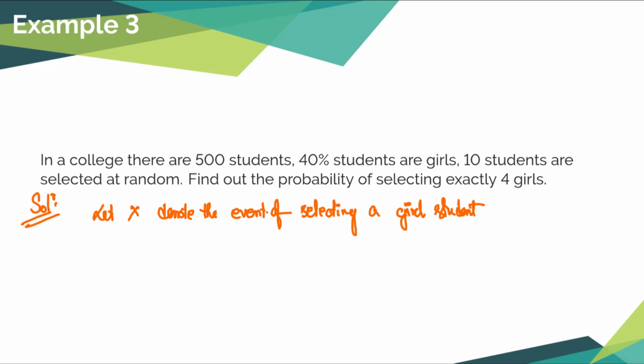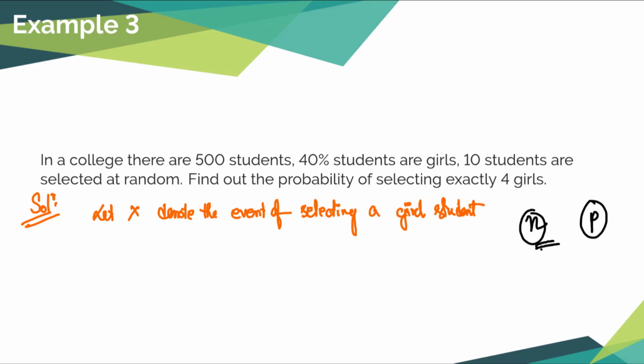Now what is the success probability of getting a girl student? To use the binomial distribution, you will obviously need two things: you need the value of n and you need the value of p. n is the number of repetitions, p is the probability of success.